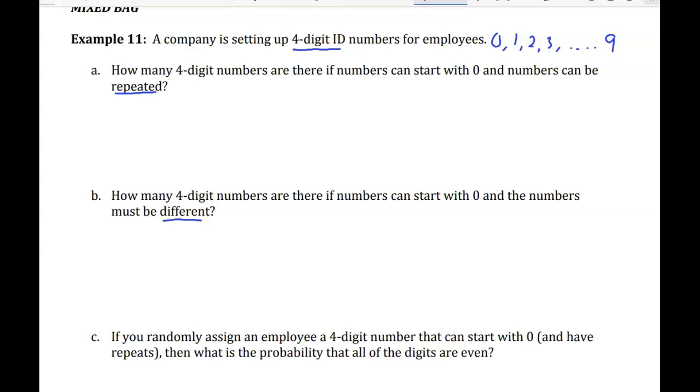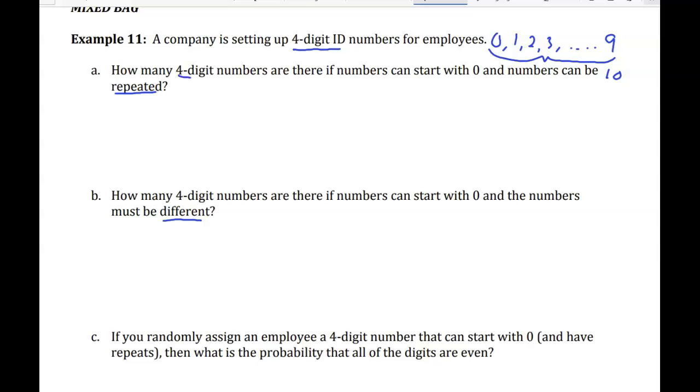If you count the numbers between 0 and 9, there are a total of 10 numbers, because 1 through 9 is 9 numbers, and 0 counts as a 10th number.